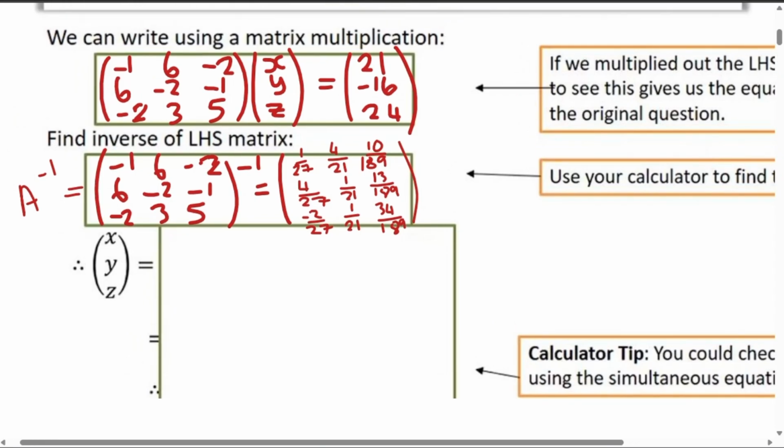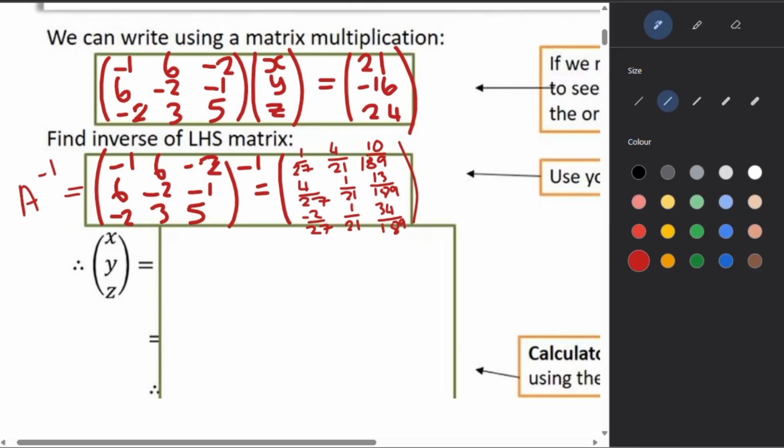So that is going to be the inverse matrix there multiplied by our 21, minus 16, 24. So we just need to multiply those two things together now.